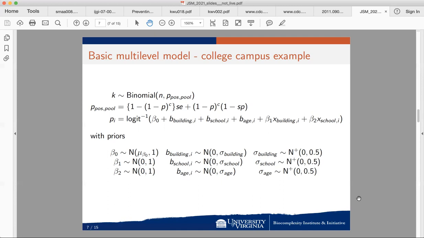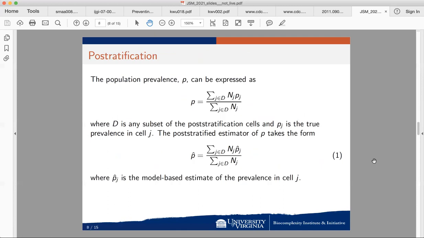And so the idea is that once you've specified all this, you would then fit the model to get estimates of all these parameters. And what you do with those is then post-stratify. To see how this works, we can represent the population prevalence, P, as this average of the cell estimates P sub j, weighted by the cell counts N sub j.